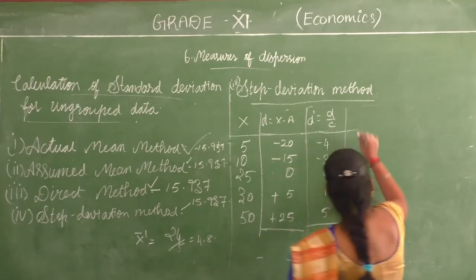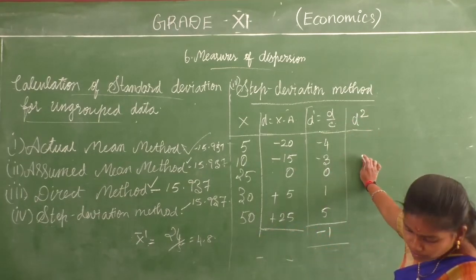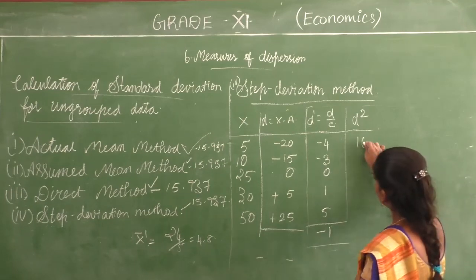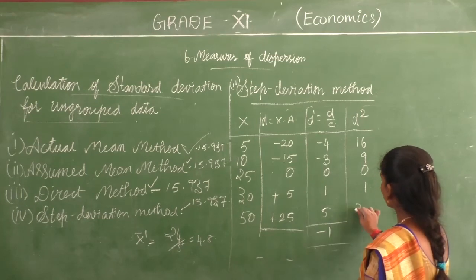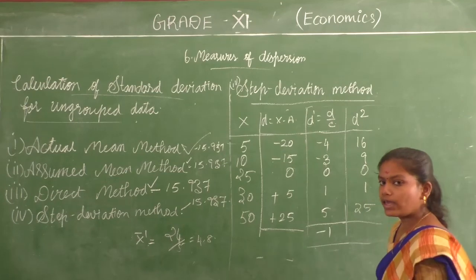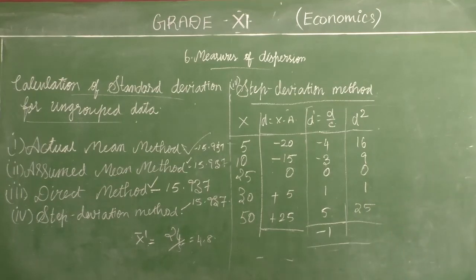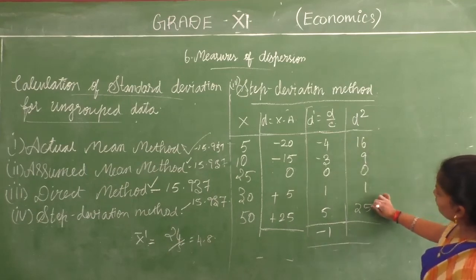Then you move on to d squared. 4 squared is 16, 3 squared is 9, 0, 1 squared is 1, 5 squared is 25. All values are positive. When you square even negative values, you will get positive values. So 25, 50, 51.